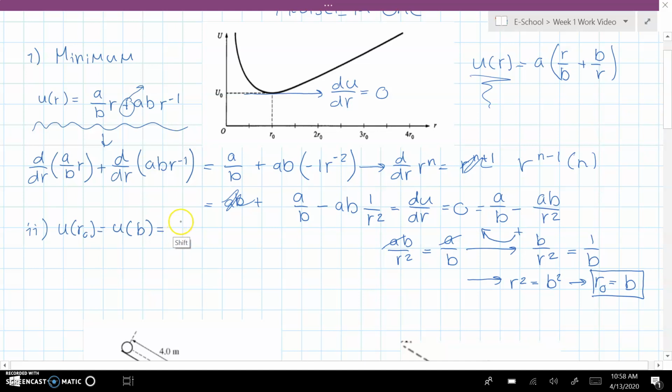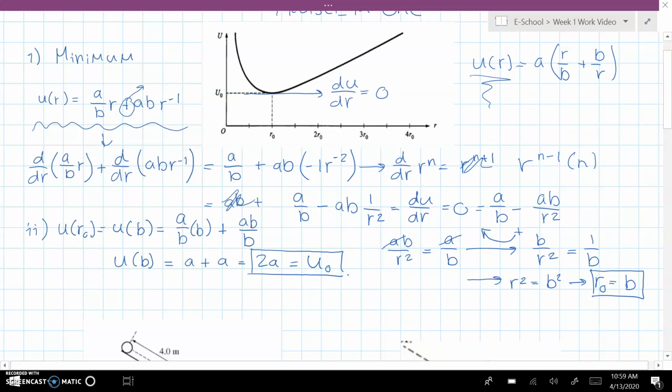Which is a/b times b plus ab over b. You multiply this out, or simplify, and you get U of b is equal to a plus a, which is equal to 2a, which is equal to U naught. So our final answer, 2a is equal to U naught, is our answer to part 2.